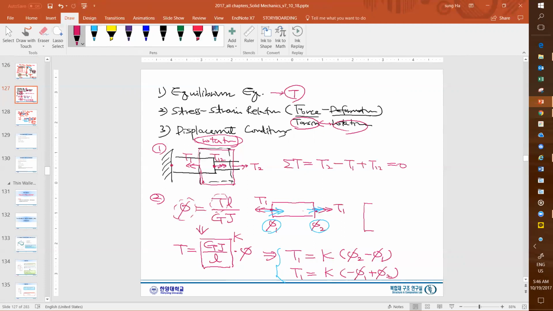The first one we can say K and minus K, phi1, phi2, equal minus T1.